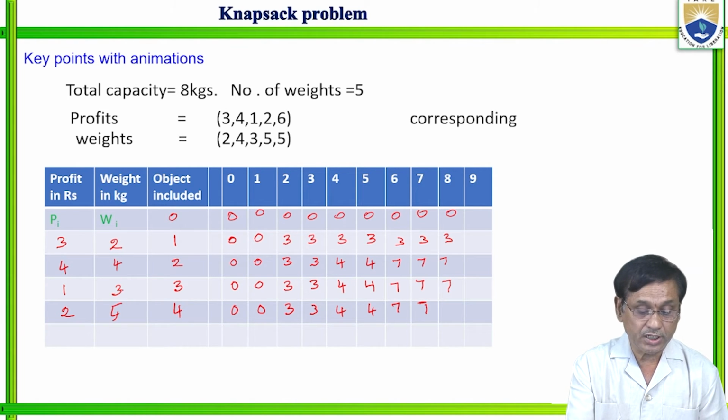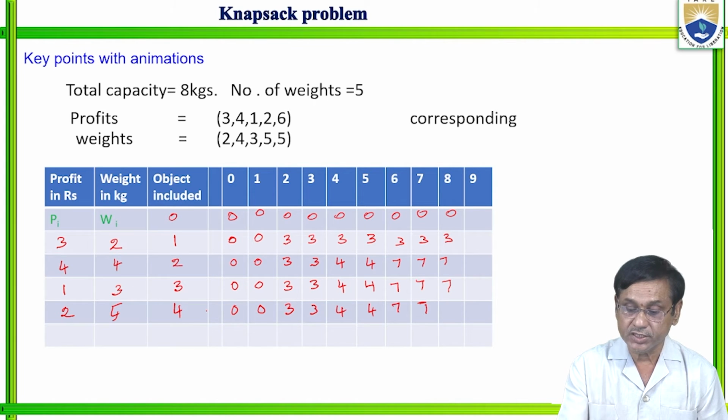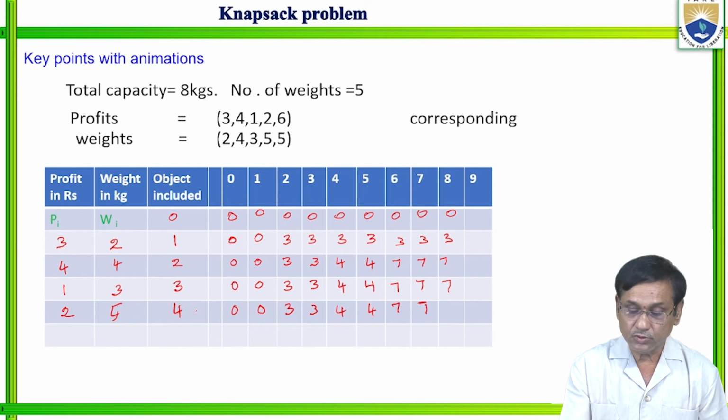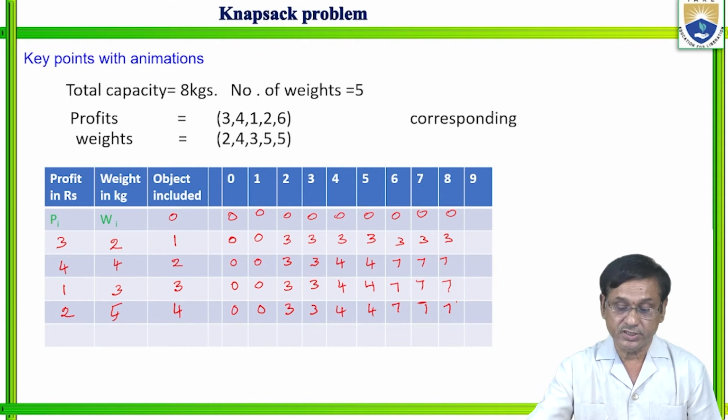Then weight 7 is over, then weight is 8. So when the weight is 8, which one do we have to consider? Weight 5 plus 3, 8. 4 plus 3 is 7 only. 4 plus 2, 6. So we are getting the maximum profit as 7. You can see that.